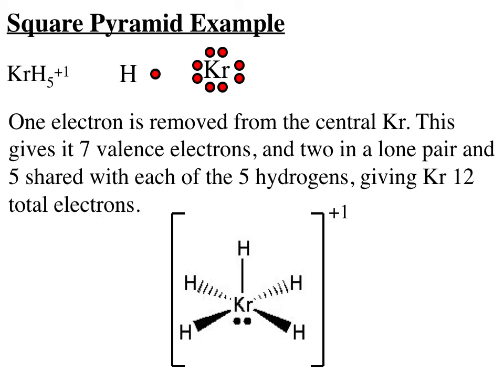So this would be a total of 6 pairs of electrons around the krypton. And what happens is I begin then with an octahedron. I take the position of the axial B at the bottom of the octahedron away, replace it with a non-bonding pair that you see I show in the picture without a line. Then I have my 4 equatorial B's such that they are 90 degrees apart.